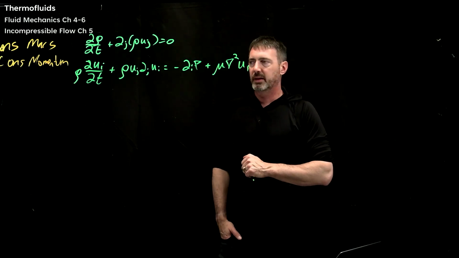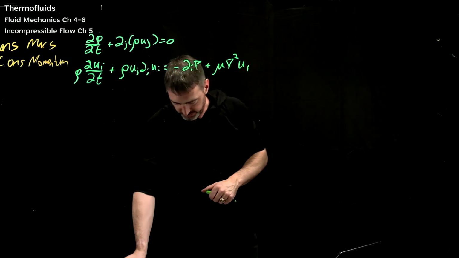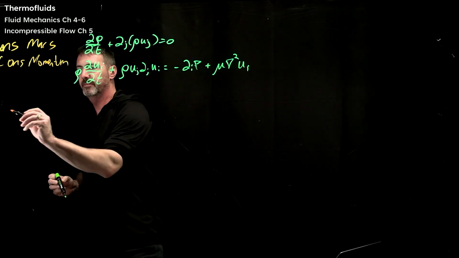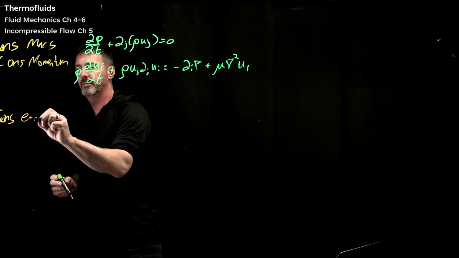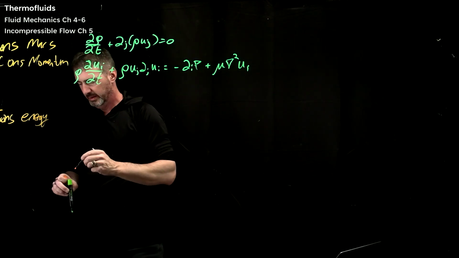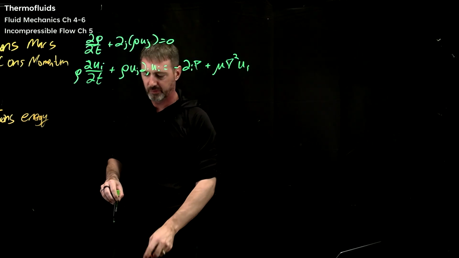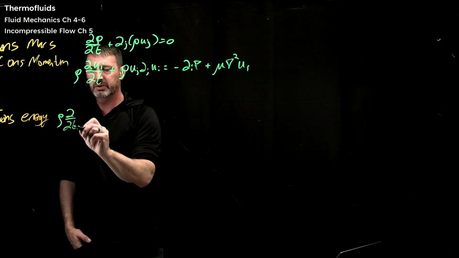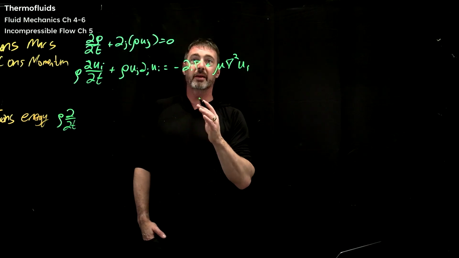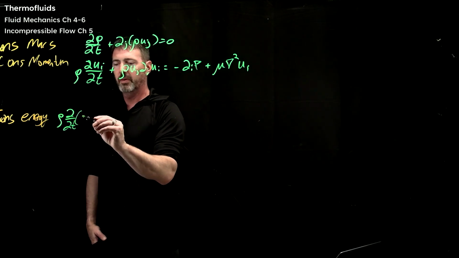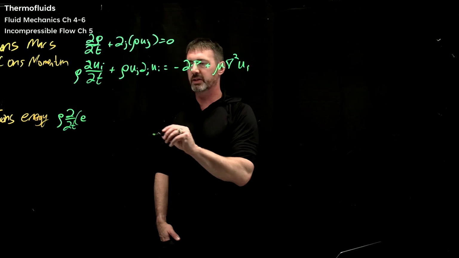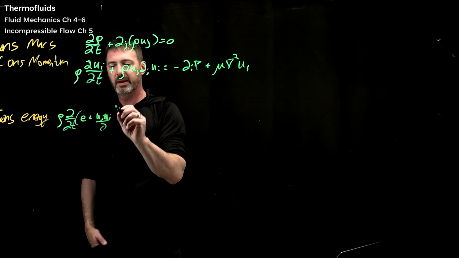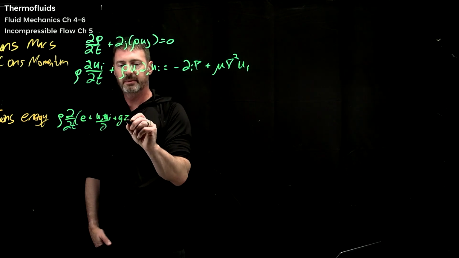Okay, and then conservation of energy, I'm going to write down just a little bit lower, and you'll see why. Remember that this one is rho times the rate of change of energy. Now, the energy is actually the total thing, so I'll use E here for the internal energy, plus uj squared over 2, that's the kinetic energy, plus gz.